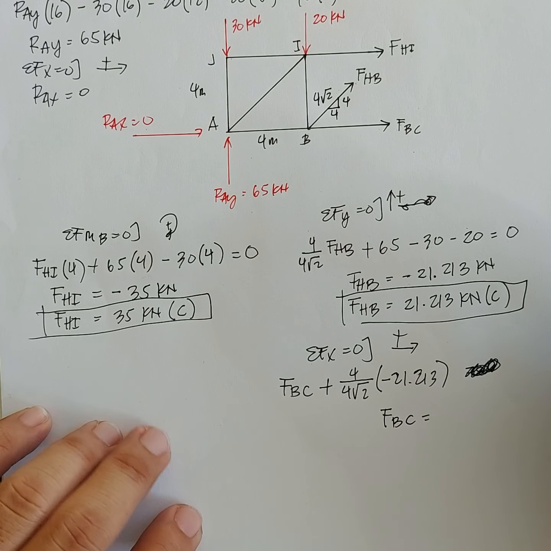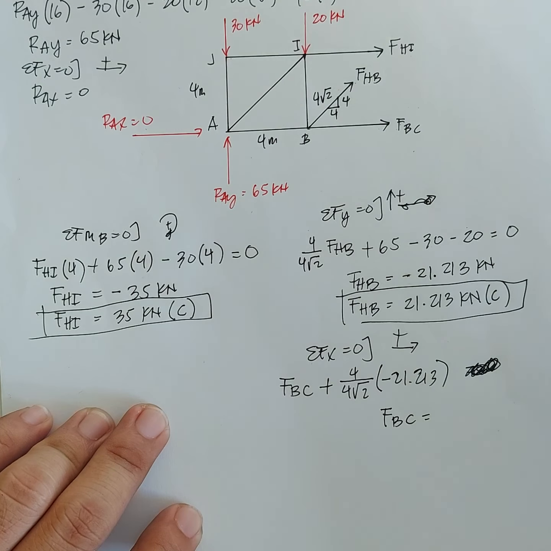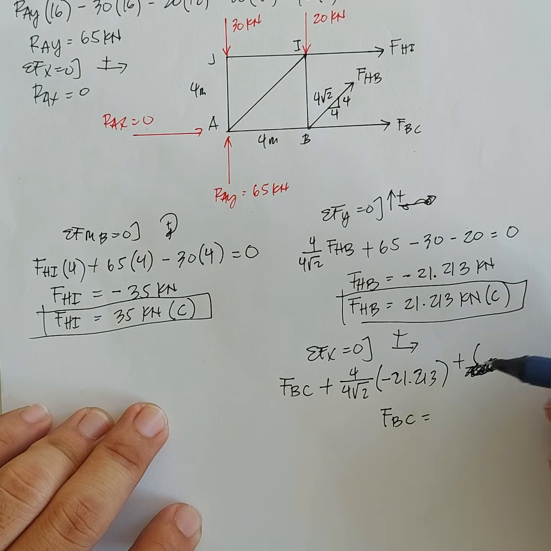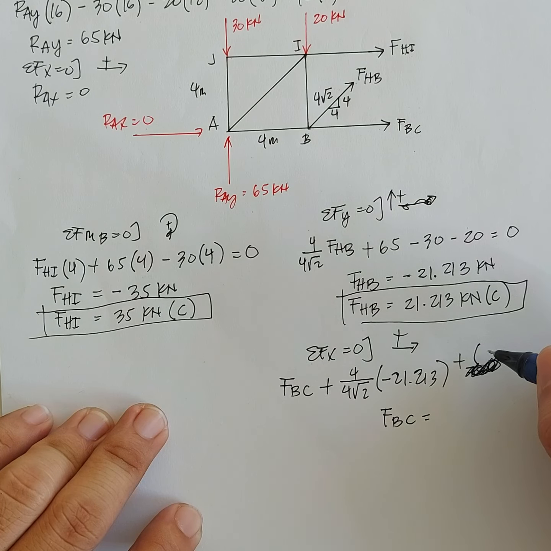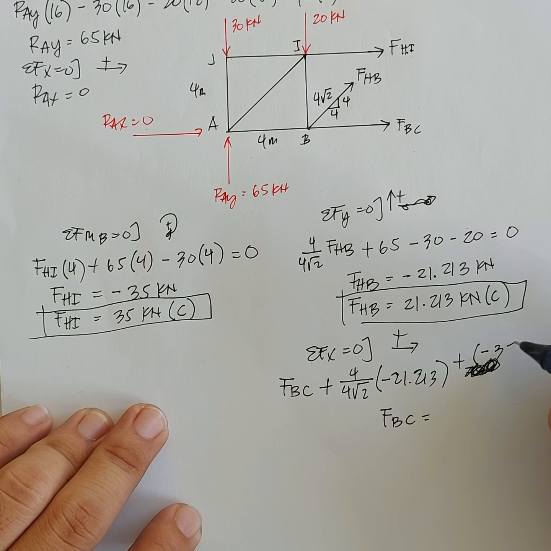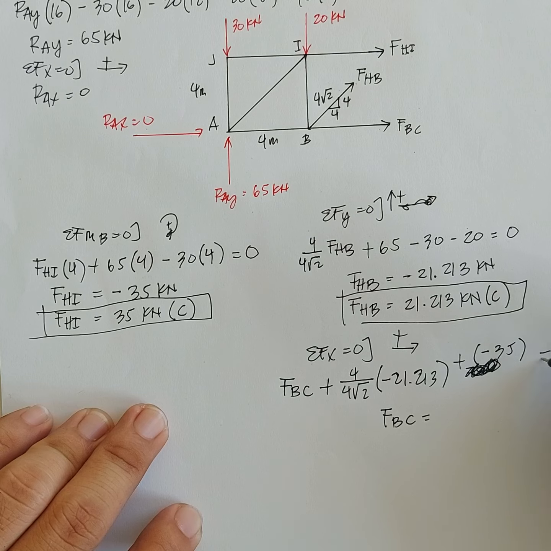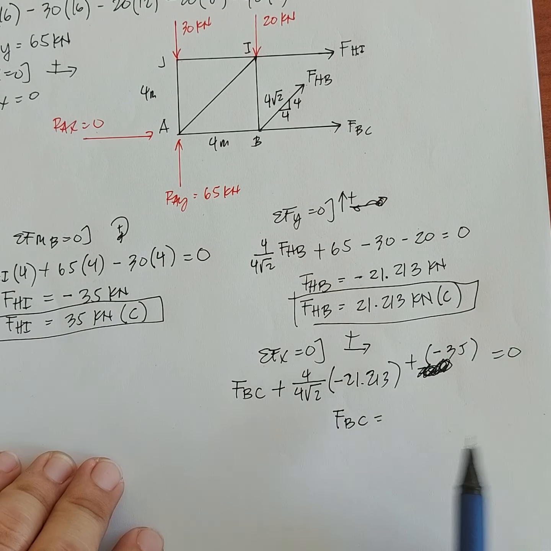Include FHI. So, FHI here in the figure is directed to the right, so plus, but if you follow this one, you have to include the sign na negative sa FHI, which is negative 35 kilonewtons. And then equate this one to 0.